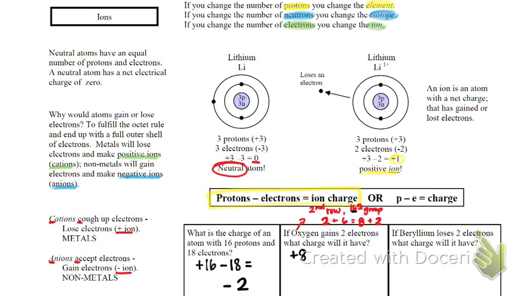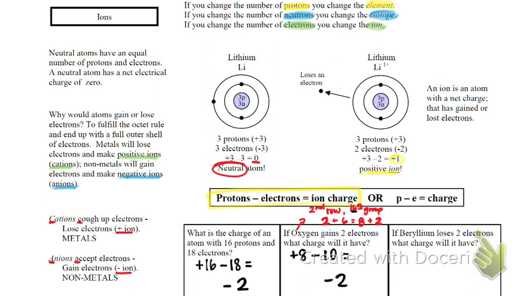So if it's got 2 more, how many electrons do we have? 10. So its overall charge is also -2. And then I made that way too hard.